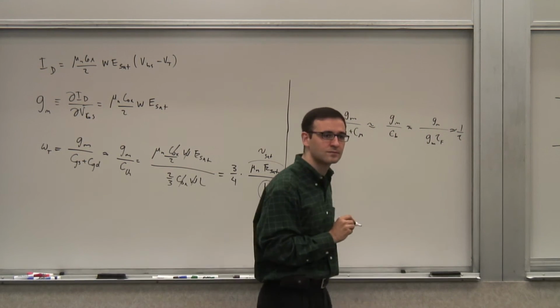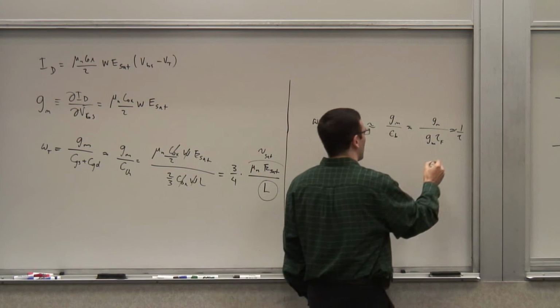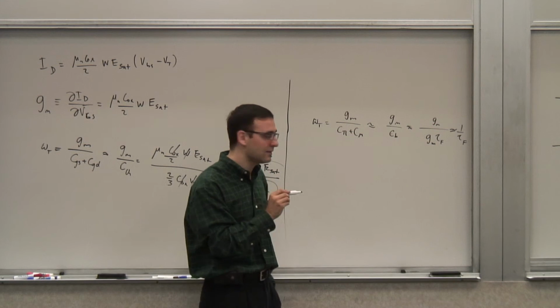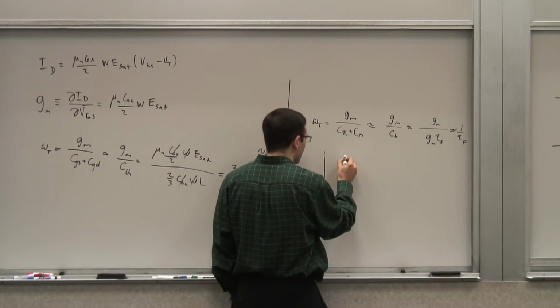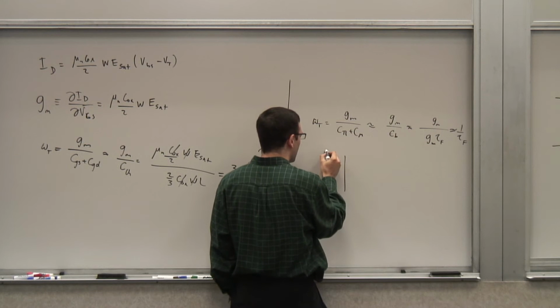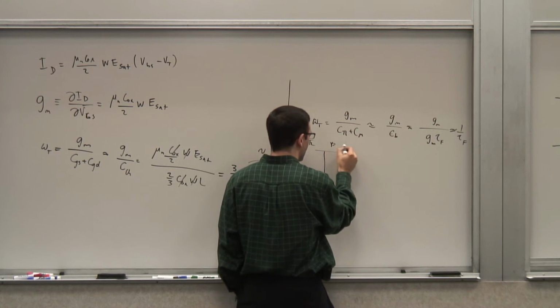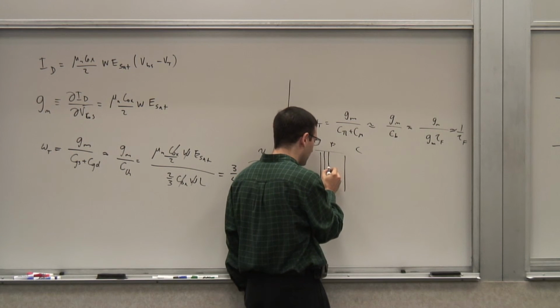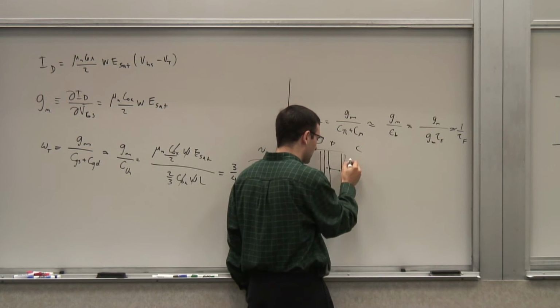Now, what is tau f? Tau f is the average time it takes for an electron, let's say in an NPN, to get from the edge of the emitter-base depletion region to the edge of the other depletion region, the base-collector.